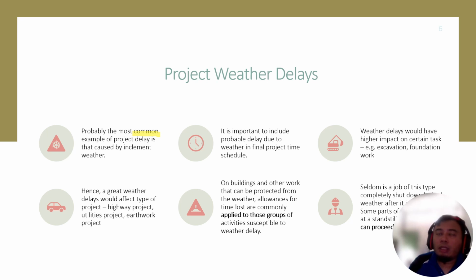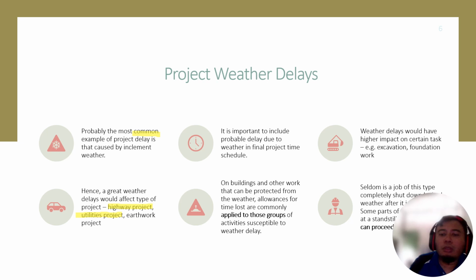But certain projects, for example the highway project listed here: a highway cannot lay its crusher run if there's flooding or heavy rain. You cannot lay your pavement during heavy rain. Also utilities projects, let's say you excavate and lay pipe or cables, for internet cables for example.